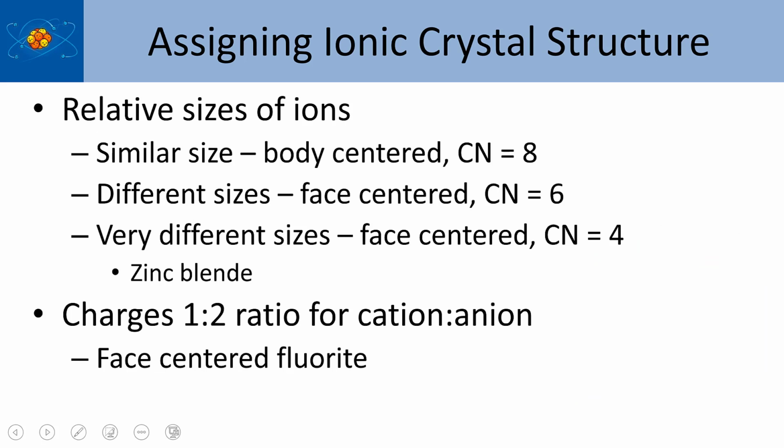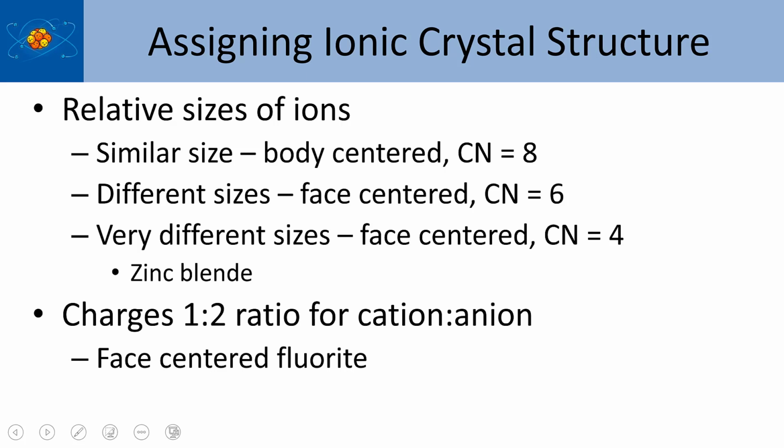When you're thinking about the kinds of things you need to be able to do with this information, one of the general tasks is trying to figure out what crystal structures ionic compounds might take. So this is a summary slide of how you do that. The first thing you do is consider ion size and charge.